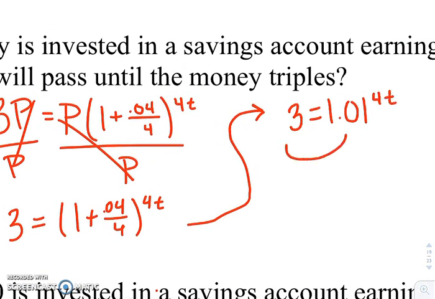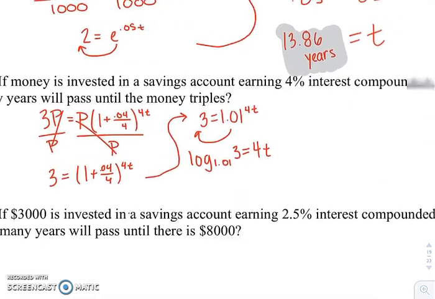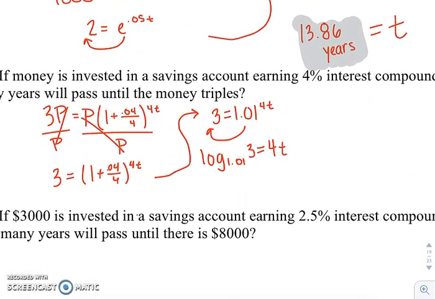To undo this exponential base, we bring it over and it becomes the base for your log, which is fine. Log base 1.01 of 3 equals 4t. So how do we solve for a logarithm? You would know log base 2 of 8 would be 3, but if it's a decimal, we use the change of base formula.